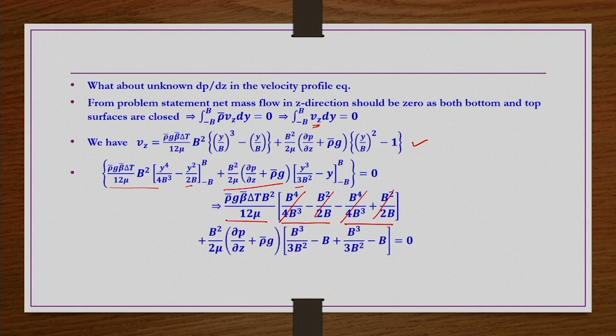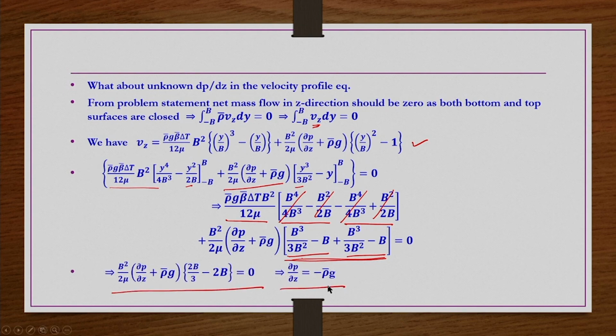The second term, b square by 2μ (∂p/∂z + ρ̄ g), this is the upper limit after substitution, this is the lower limit after substitution, right. So now altogether in these two terms, the first term is anyway 0 because whatever terms are being multiplied, that is all 0. So the first term is 0, and for the second term whatever this summation comes out, we can simply take it to the right hand side and write it this way.